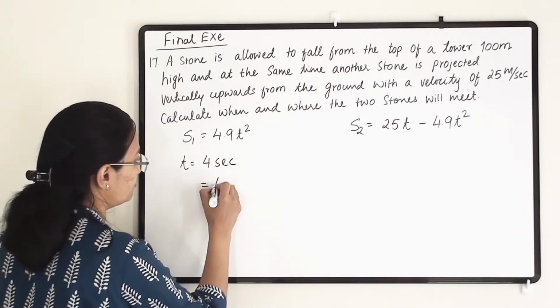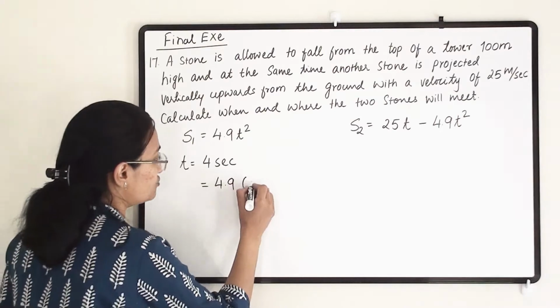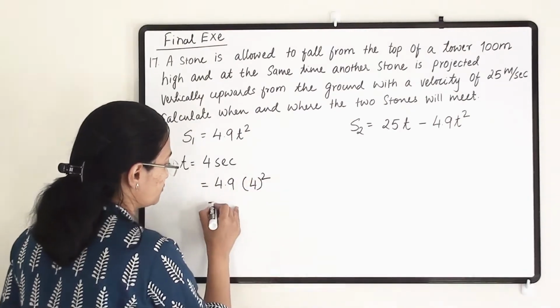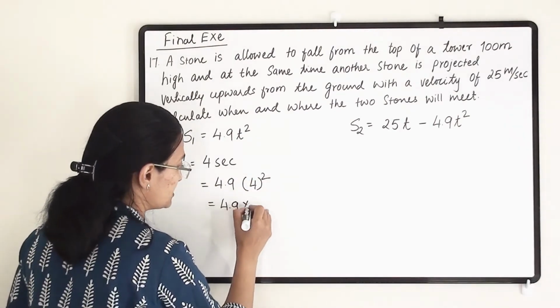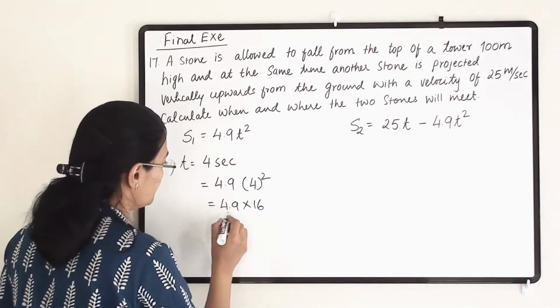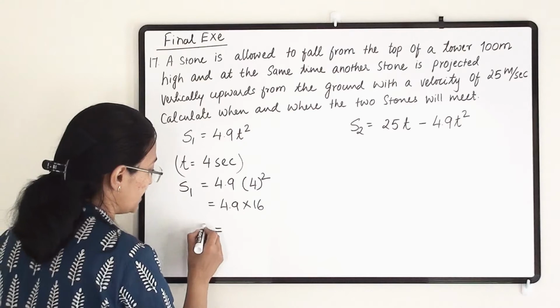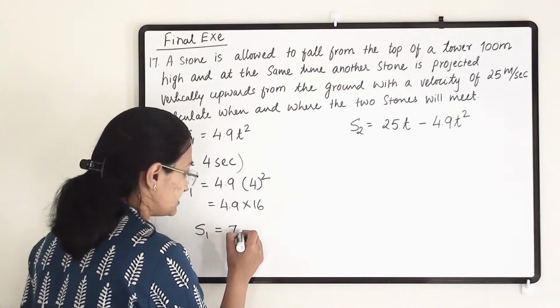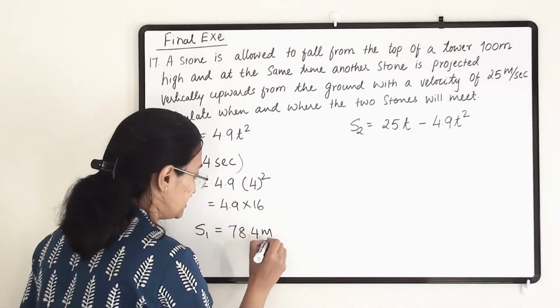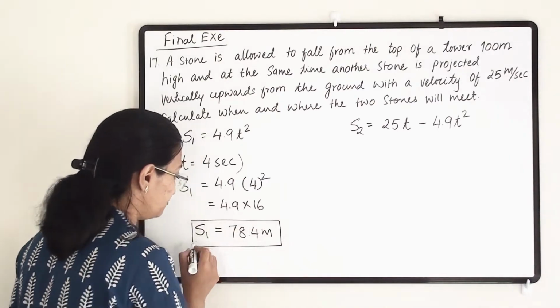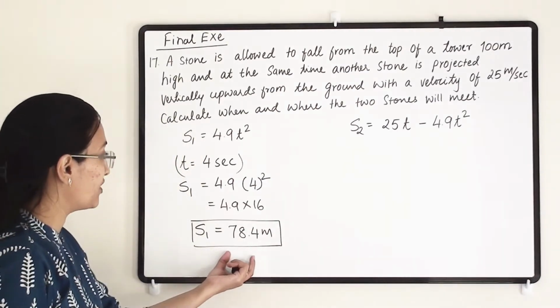So S1 equals 4.9 into 4 square. So 4.9 into 16 we get here. So S1 equals 78.4 meter. So the distance for the first stone is 78.4 meter.